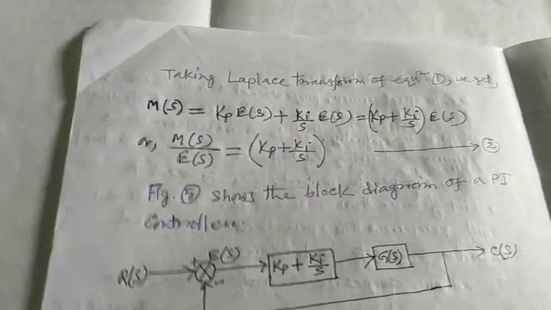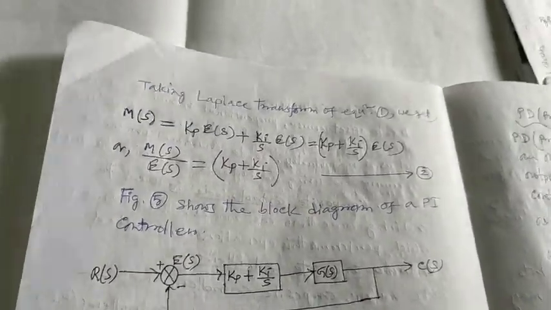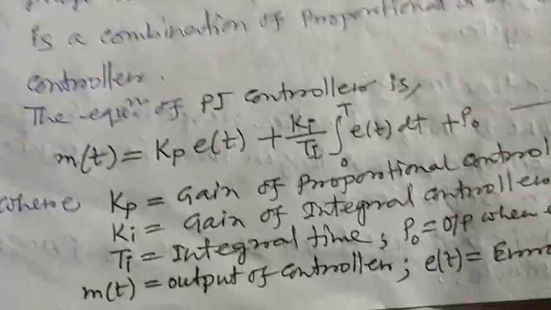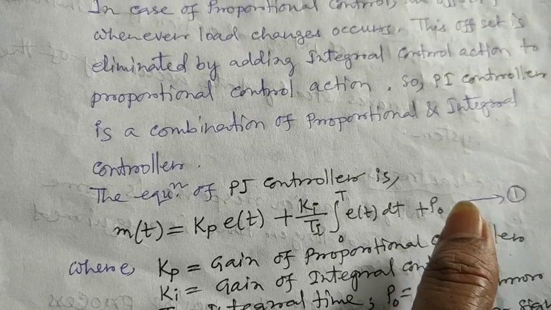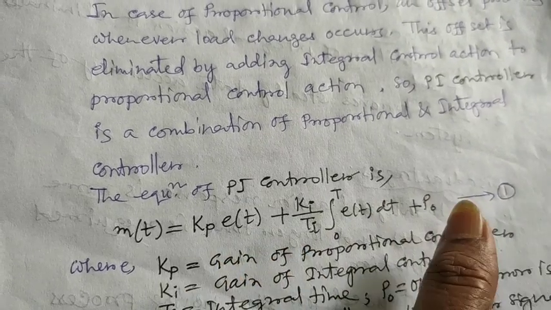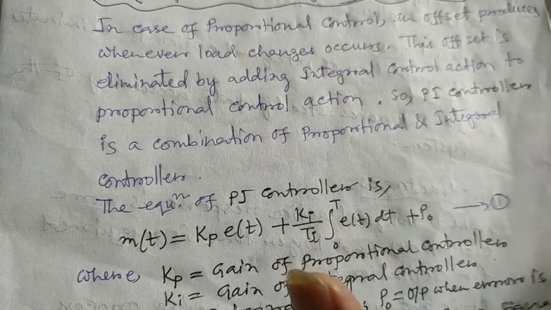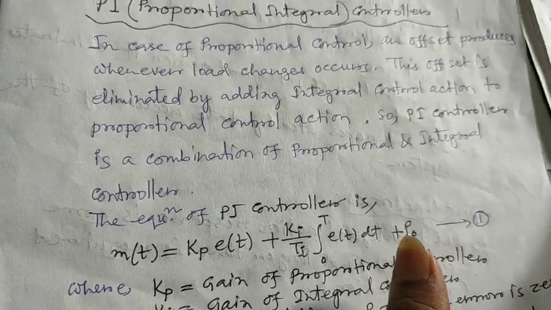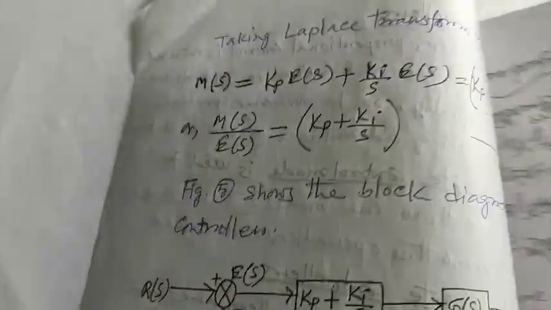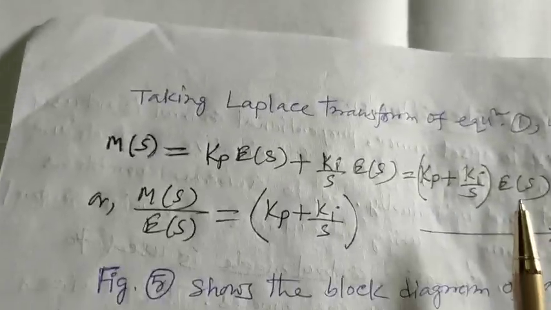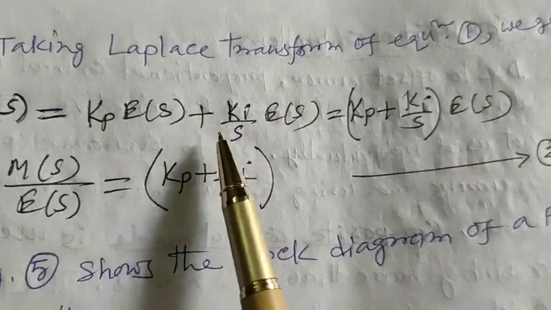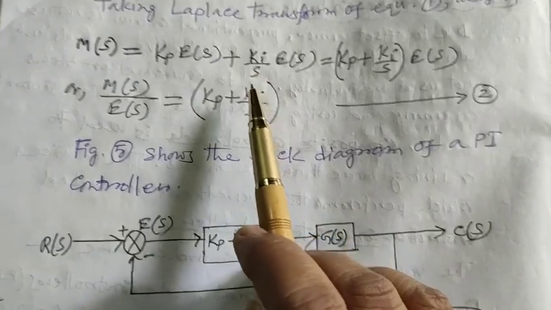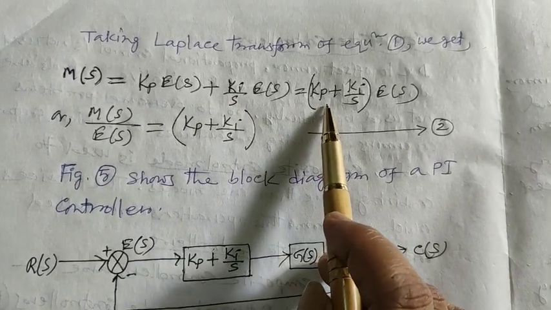Now, this equation is in the time domain. If we take the Laplace transformation to convert from time domain to S domain, we get M(s) equal to Kp E(s) plus Ki by S E(s).